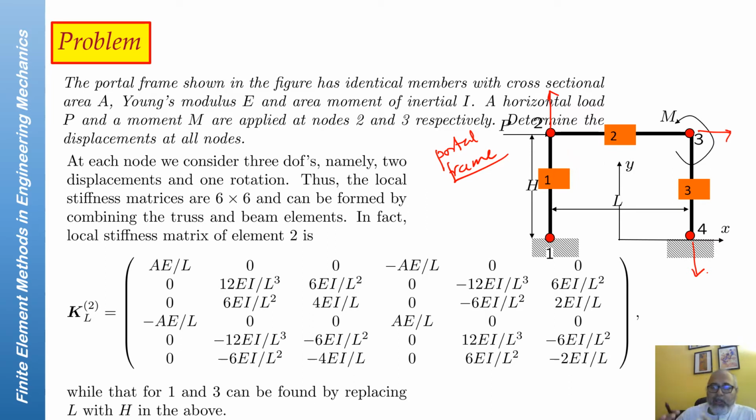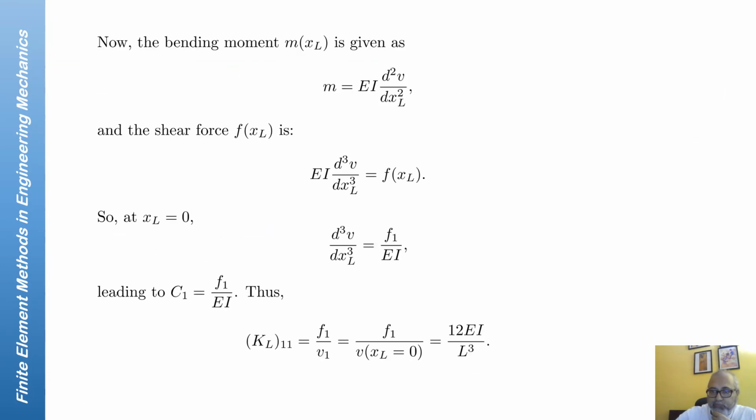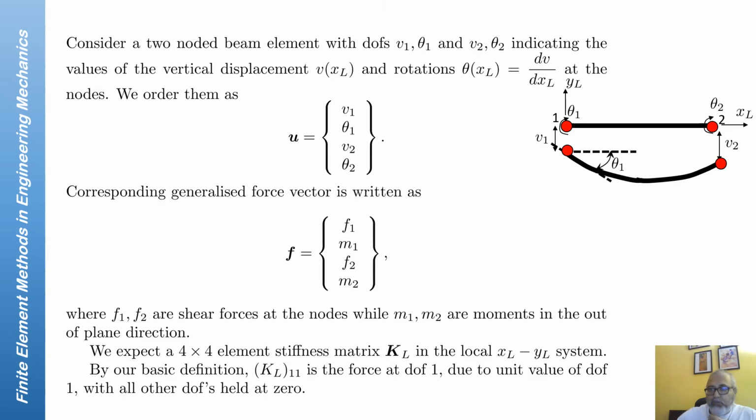To do that, of course, if we go back to the local definition, now we don't have u1, so we now want to add u1 here and u2 here, which basically means that we now have 6 degrees of freedom per element.